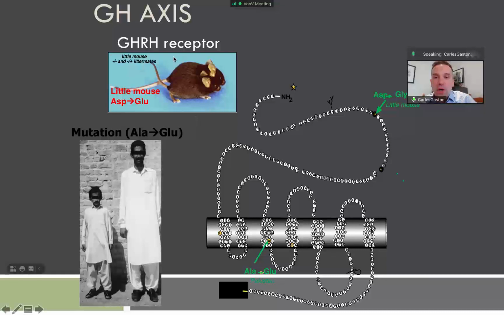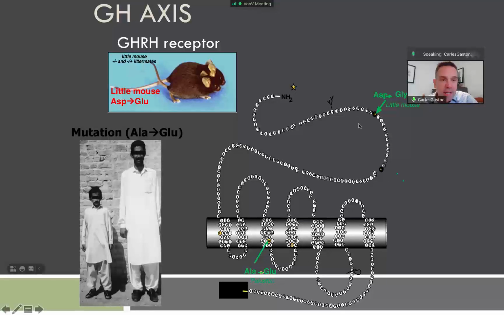A knockout has also been made, and you can see here it's called the little mouse. Basically, comparing the homozygote to the heterozygote, you can see that the mouse is little, and there are mutations without the receptor, right? The mouse cannot grow because the growth hormone axis is disrupted.